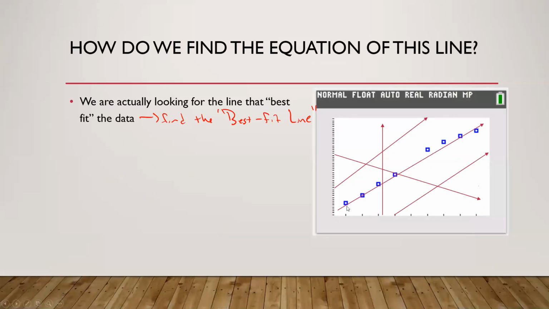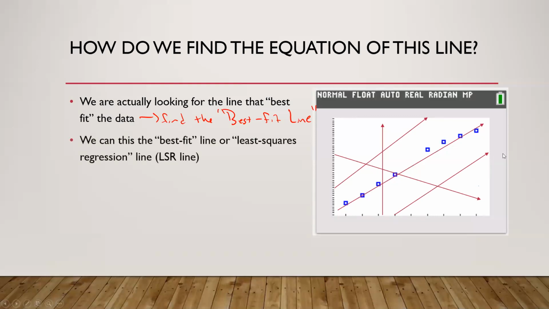So how do I know that this is the best fit line? We can find this quote unquote best fit line using what's called least squares regression. You're going to hear me call it the LSR line, the least squares regression line. So, what is least squares regression?